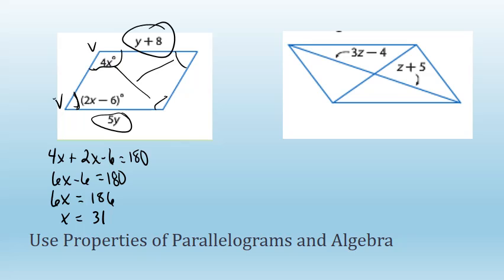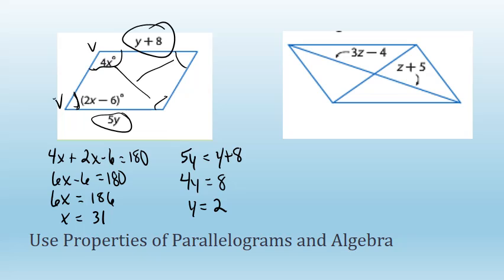So I would set this up as 5y equals y plus 8. Now let's subtract 1y from both sides, and that's going to leave me with 4y equals 8. Divide both sides by 4, and so y is going to equal 2. Using properties of parallelograms and algebra.